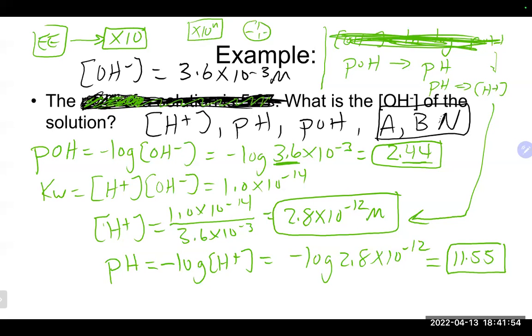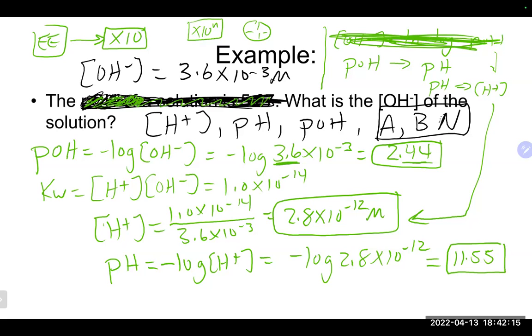How do you insert it in a calculator when I ended up using the KW formula? So I did the 1.0 times 10 to the negative 14 over 3.6, and I end up getting 2.8 times 10 to the negative 12.